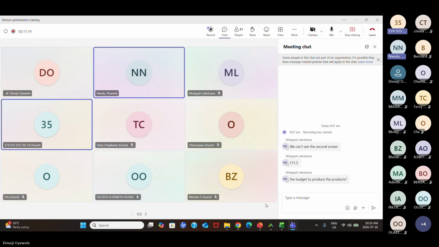The point needs to be made, like you said, robust optimization factors in uncertainty inside the model, right? So the model accounts for uncertainty, while sensitivity analysis analyzes how the model reacts to changes.